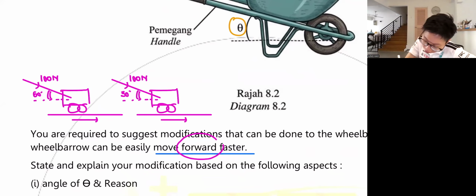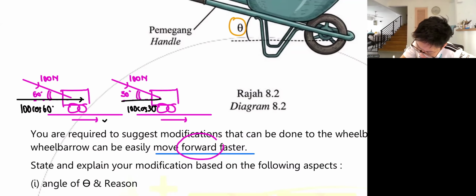You calculate the horizontal force lah. If this one you calculate horizontal, this will be 100 cos 60, right? Correct. That if the 30 you also count lah. This will be 100 cos 30, right, guys? 100 cos 60 and 100 cos 30, which one bigger? Of course, 100 cos 30 lah.